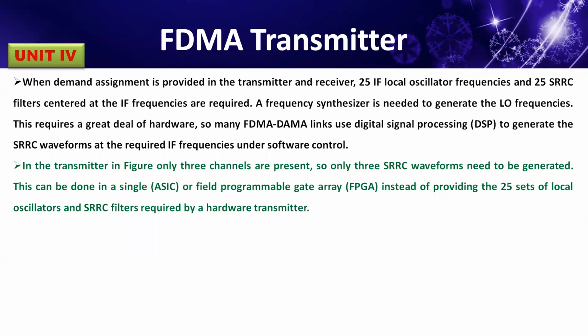So for a given local oscillator, we have to generate the internal local oscillator frequencies. In this FDMA transmitter and receiver diagram, the frequency synthesizer is a block of equipment. The frequency synthesizer is used to generate the internal local oscillator frequencies.